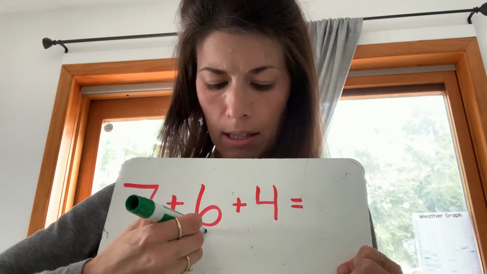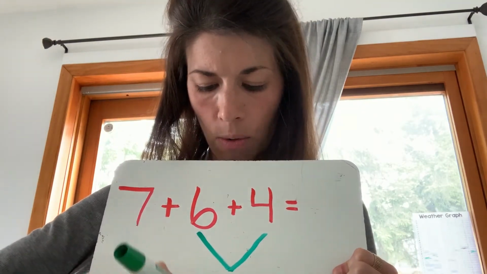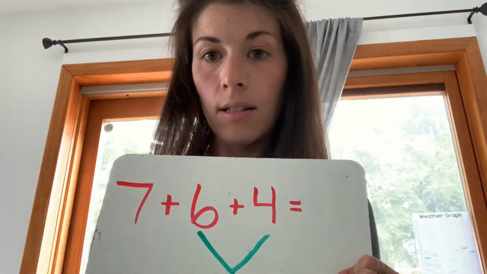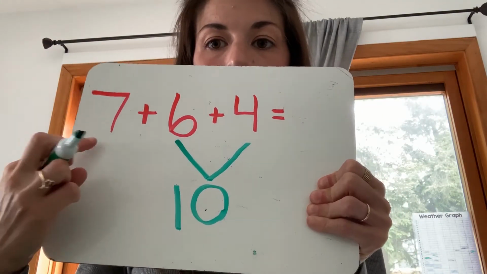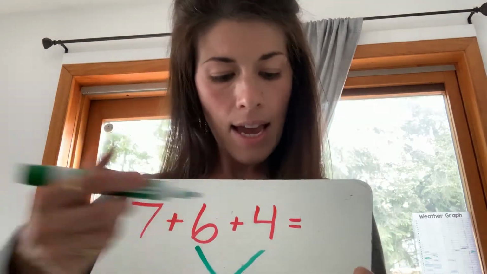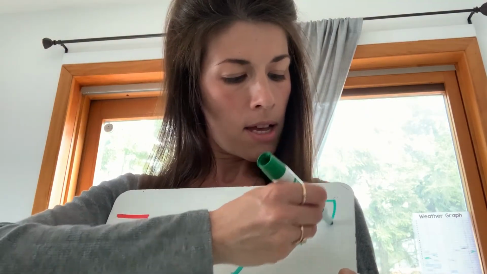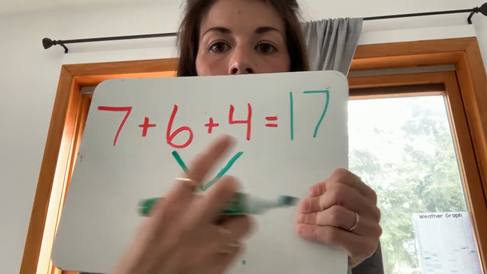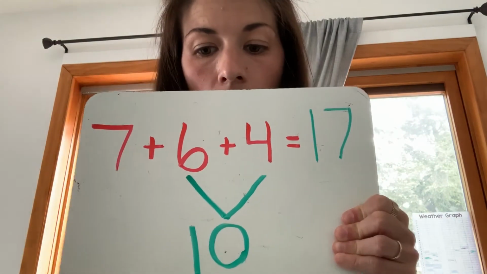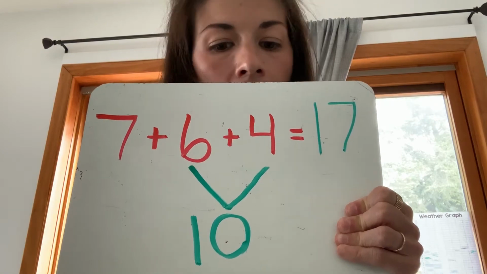So 6 plus 4 equals 10. And then I can add 10 plus 7 and get my sum of 17. Because 10 plus 7 equals 17. So Kara makes 17 hats in all.